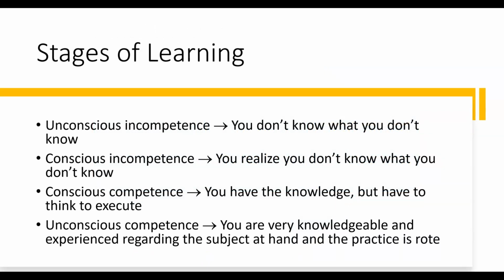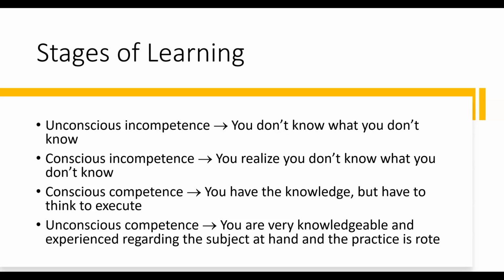So as we go through the stages of learning, and I don't know if you've ever seen these before, you have unconscious incompetence. We don't know what we don't know. And we move towards conscious incompetence, which is what you'll do during this presentation. You'll realize that you don't know what you don't know.